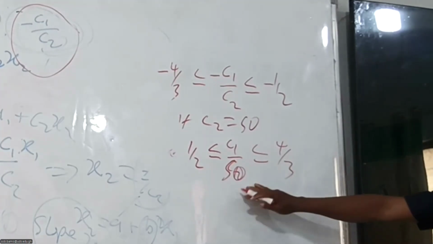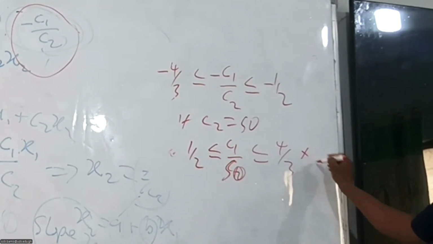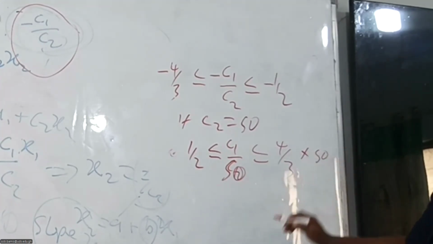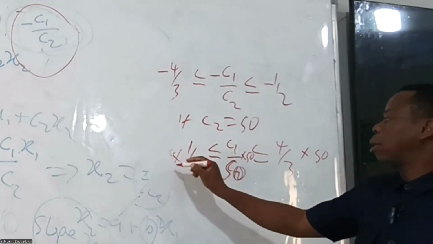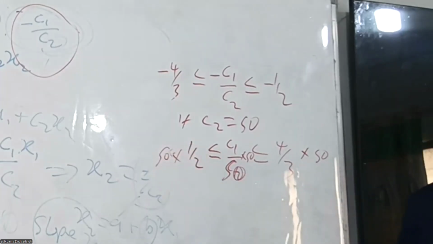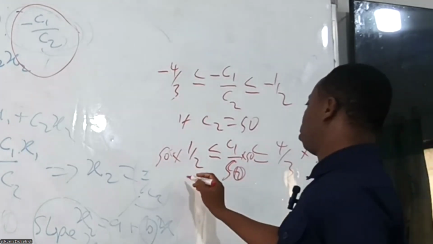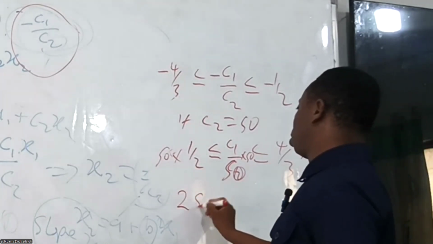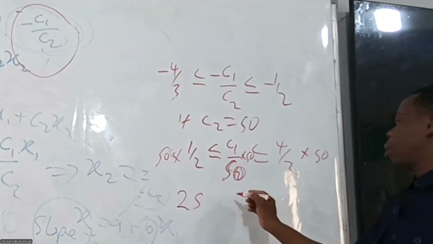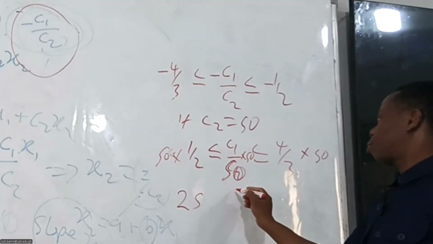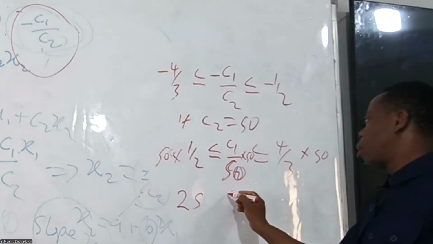Okay, so if we want to solve it, we have to multiply here by 50, here by 50, and here by 50. So 50 times half is 25.